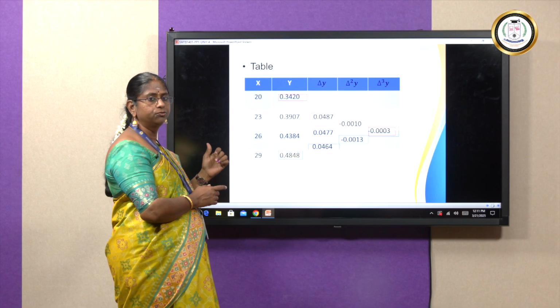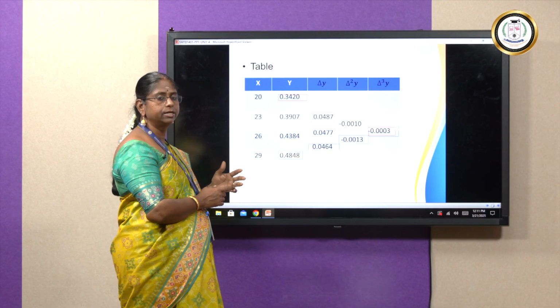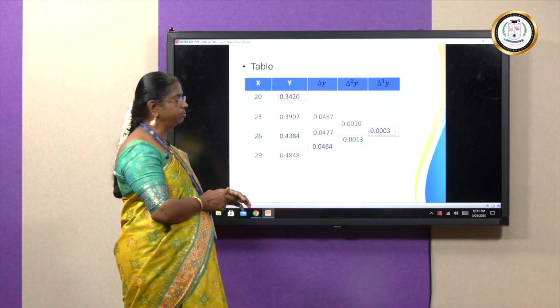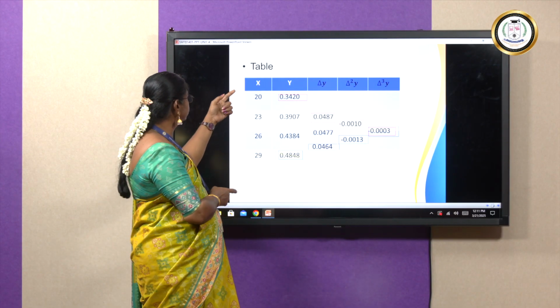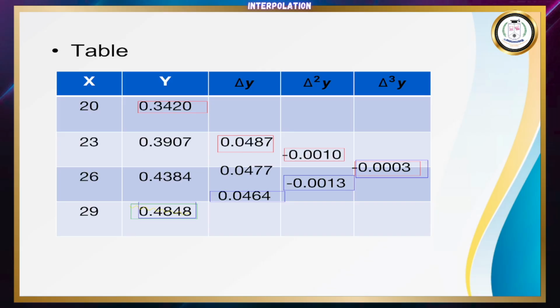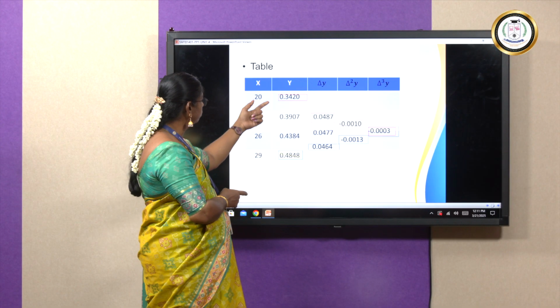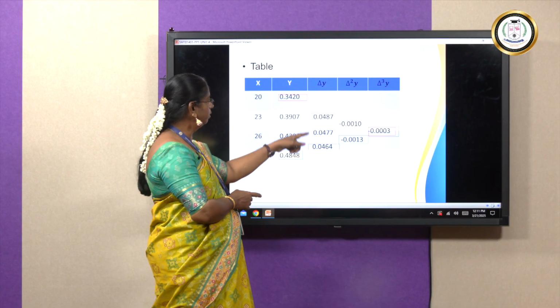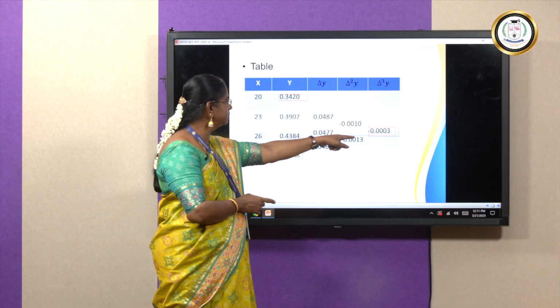So, since I am using the forward difference interpolation formula, we need the forward difference table. The data are given, x is equal to 20, 23, 26 and 29. Like this, y equal to 0.3420, 0.3907, then the y values y0, y1, y2, y3 are given. Then I found the table, I mean the first difference, second difference, third difference.